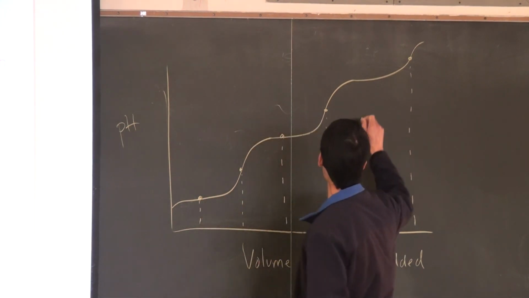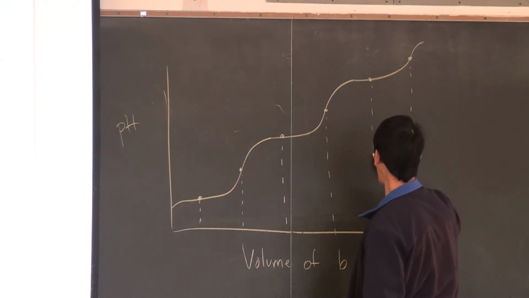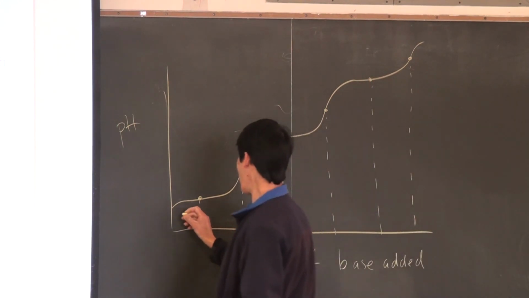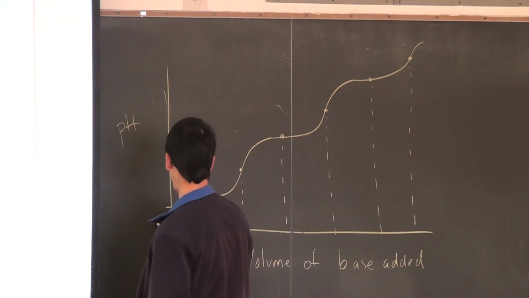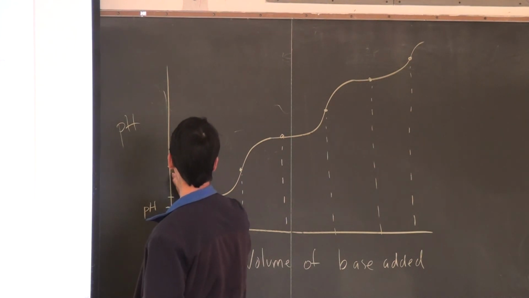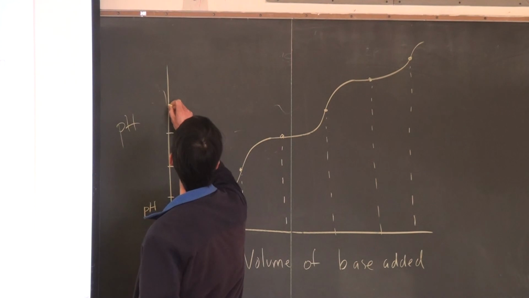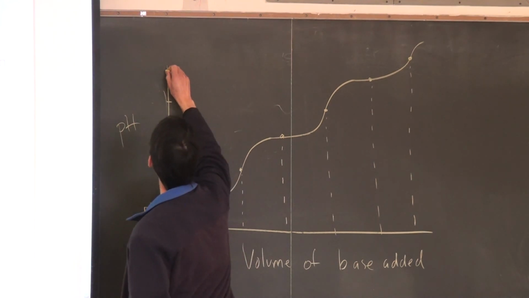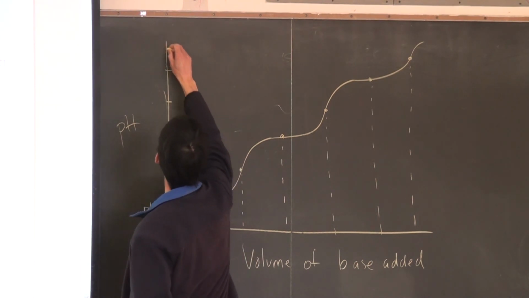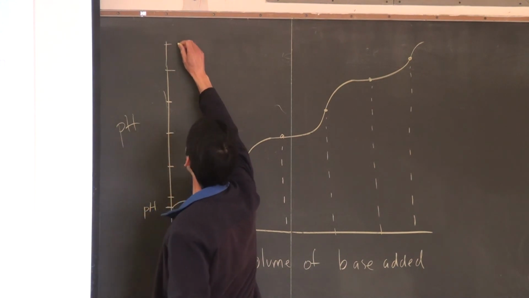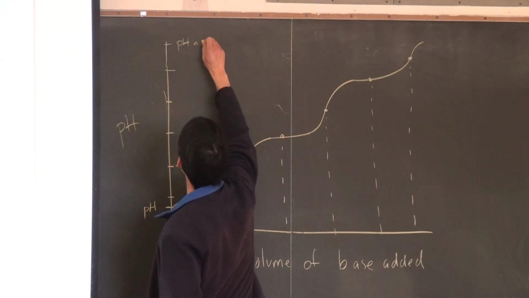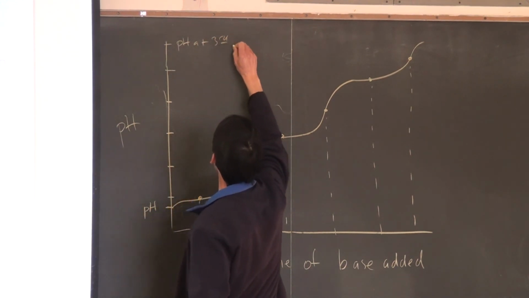And then here's the starting point. So here's the pH at the starting point, and then pH at the halfway point, pH at the first end point, the halfway point, second end point, third halfway point, and then the fourth end point. Okay, so this is pH at the third end point.